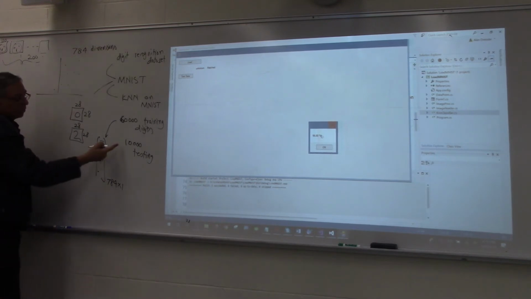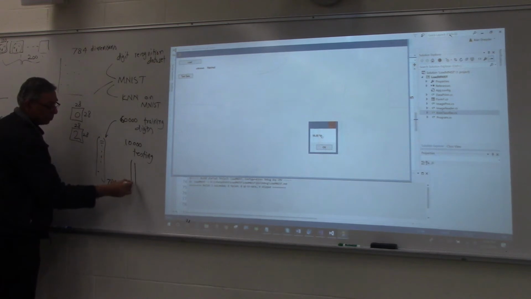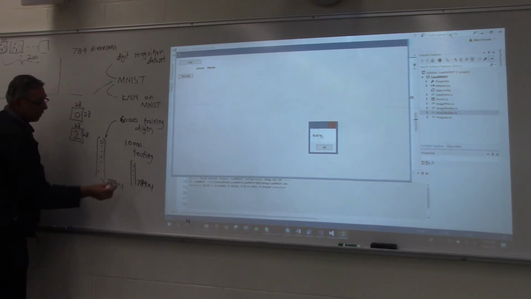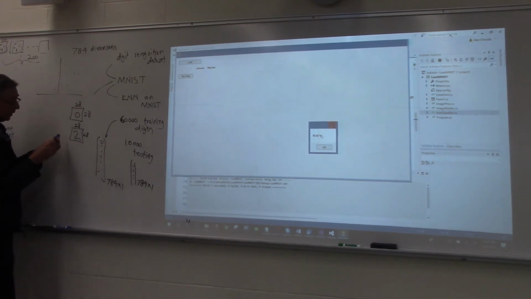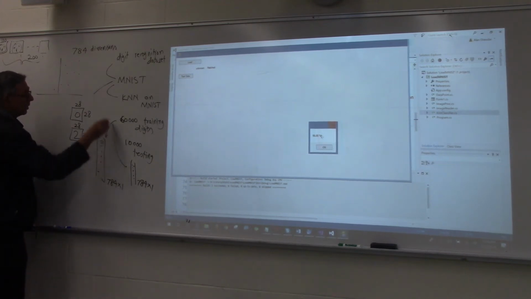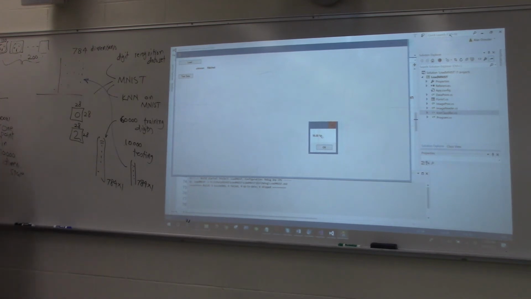Okay, so now we go to one of these 10,000 testing images. We also produce a 784 by 1. So now what will we do? We'll do a Euclidean distance with all 60,000 over here, and then we'll sort them by distance.